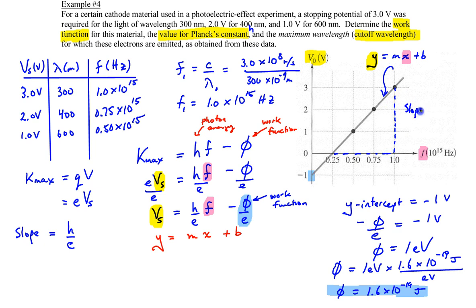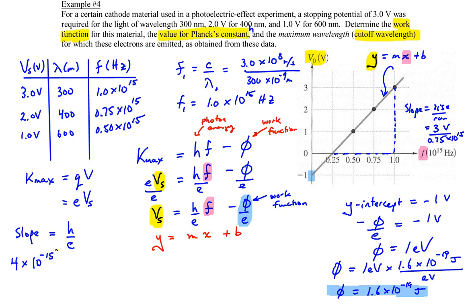So the slope is the rise over the run. The rise would be 3 volts, I guess. We'll pick it from right at this point down here. And then the run will be 0.75 times 10 to the power of 15. If you do this on your calculator, 3 divided by 0.75 times 10 to the power of 15, or you can probably do it in your head, it's 4 times 10 to the power of negative 15.